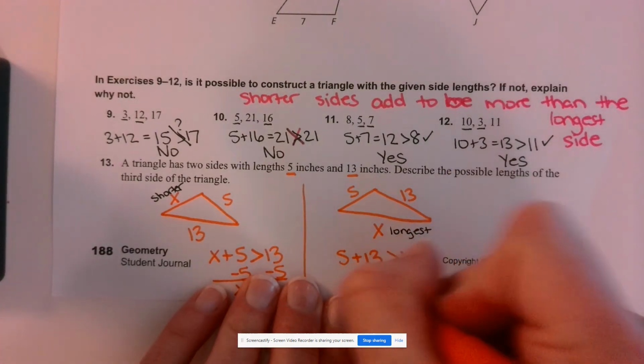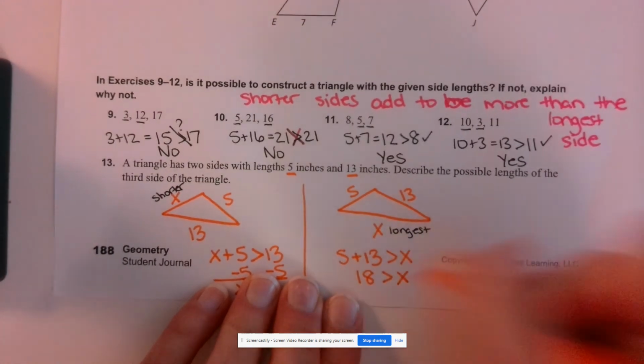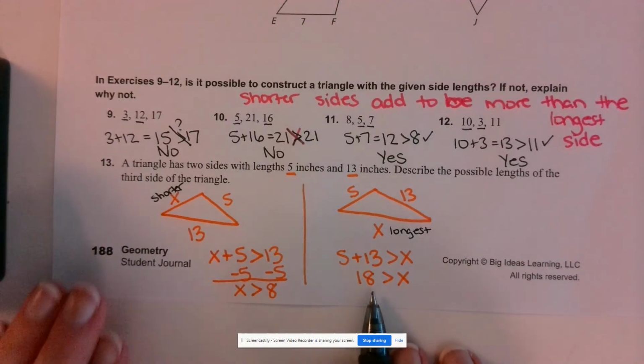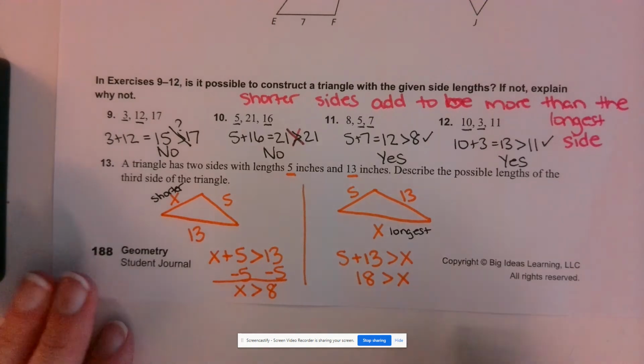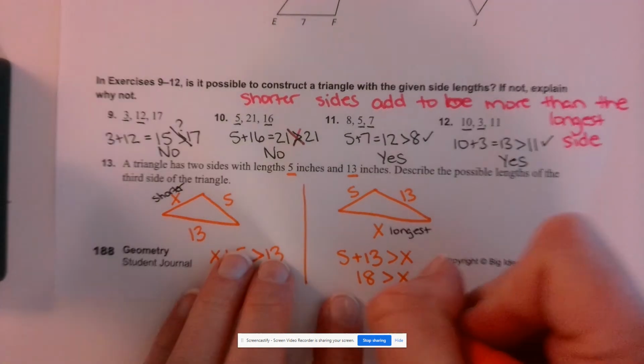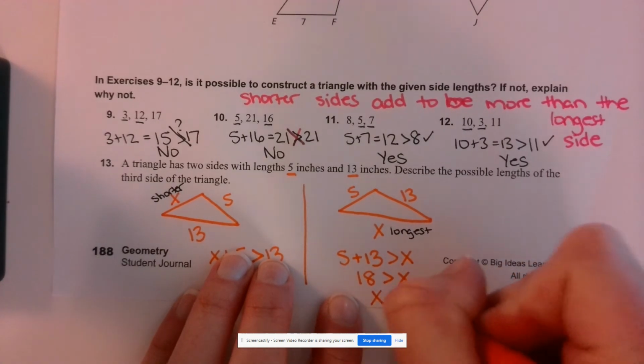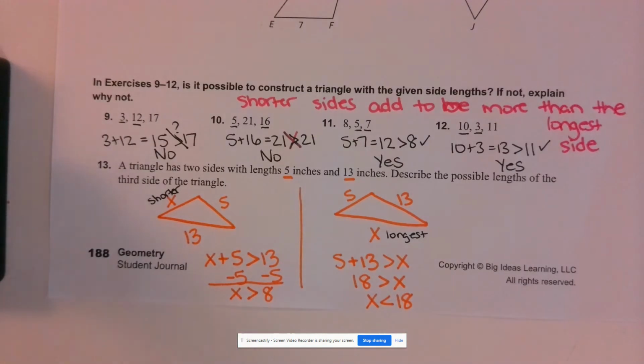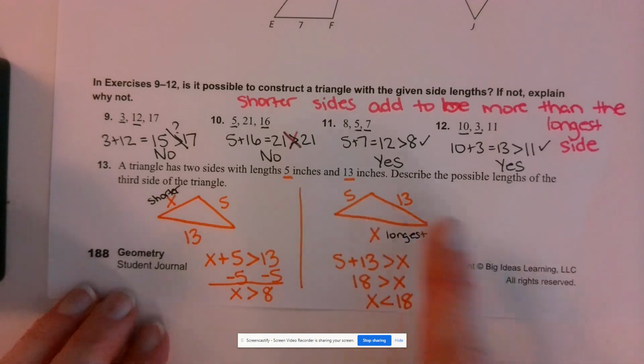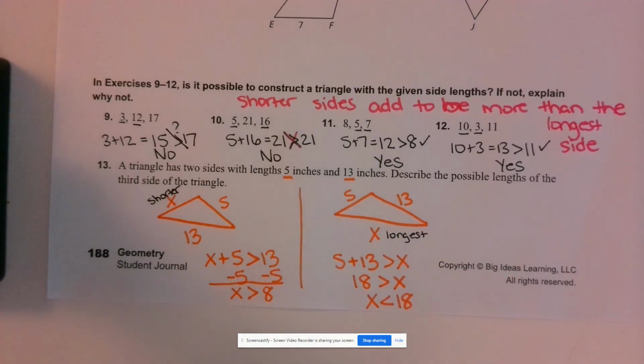When I add 5 and 13, I get 18. So what this means is 18 has to be greater than X. Or if I flip this around, X must be less than 18. If X was 18 or larger, these two shorter sides would not add up to be longer than X. So I have this range here. X has to be greater than 8, but it has to be less than 18.